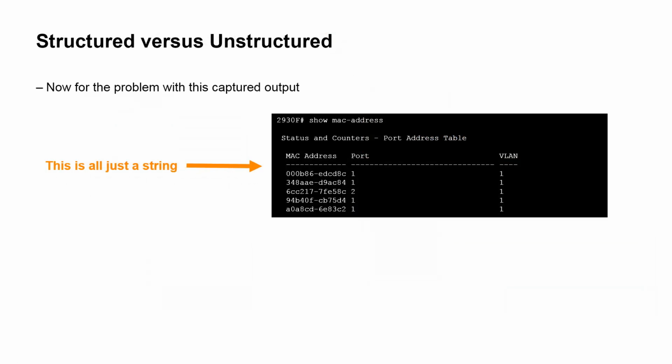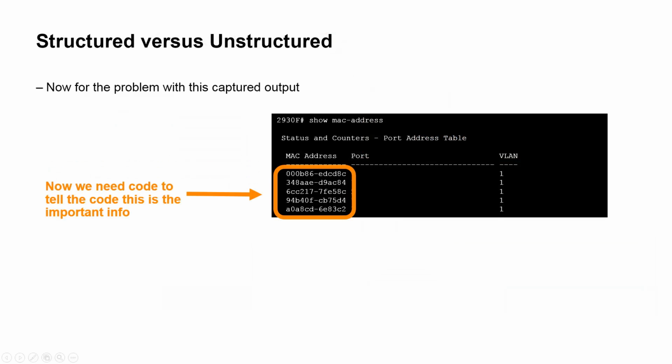The big problem here is that all of this essentially is a string coming back from the device. This is how it's presented in Python, okay? So you might as well just put a quotation mark there and a quotation mark there, and everything in between is part of the string. You can think of all of this, all the headers, all of these dashes, all of the MAC addresses, all the port numbers, as one string.